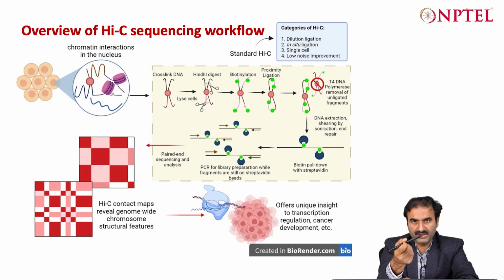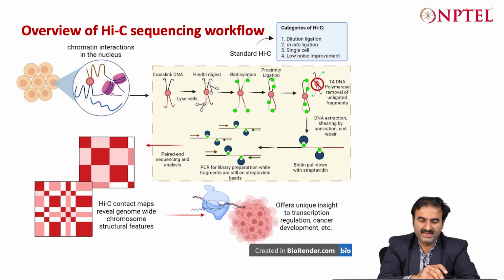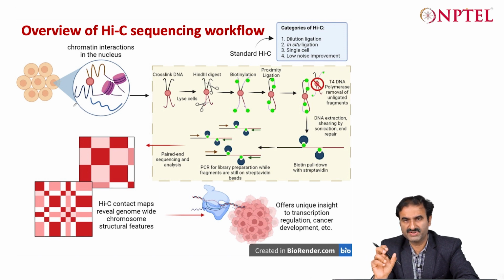You want to capture the association or contact regions of the DNA. In this picture, the regions of DNA which were close to each other are fixed using formaldehyde, which helps to link the regions that are close to each other.